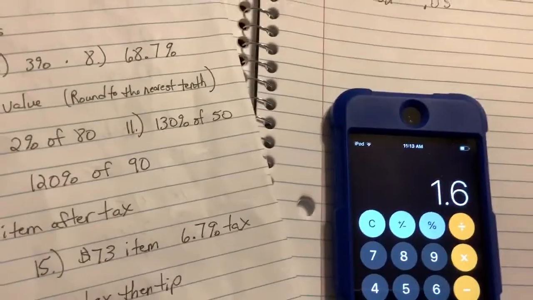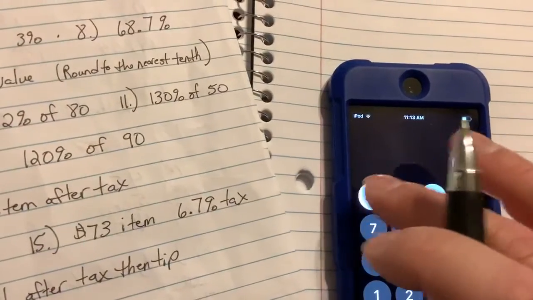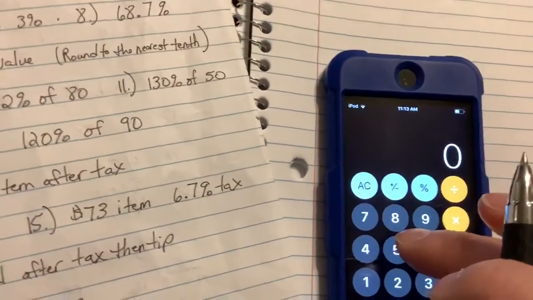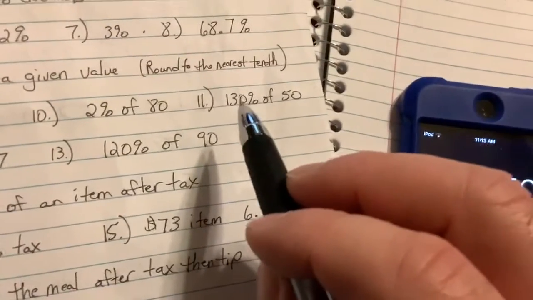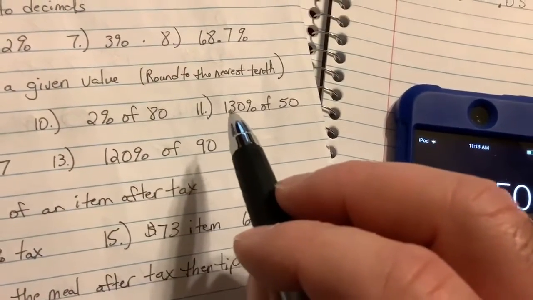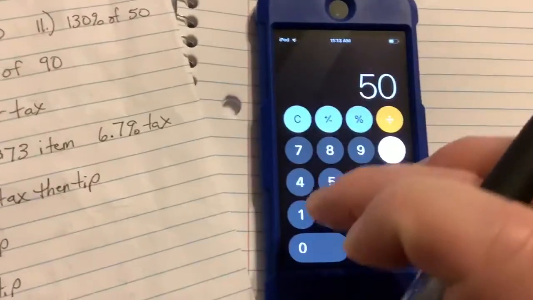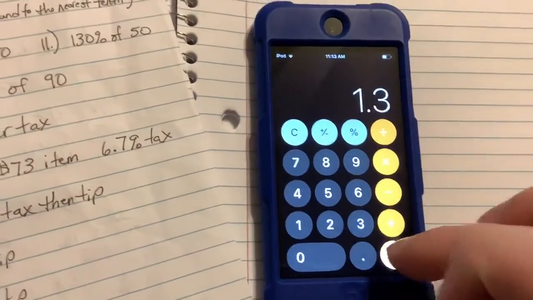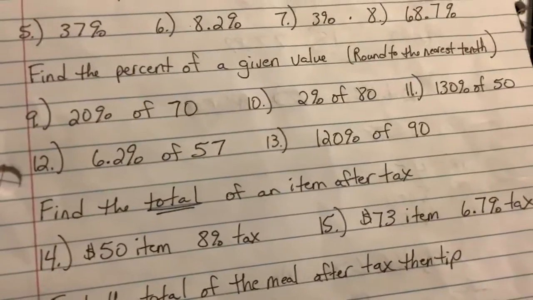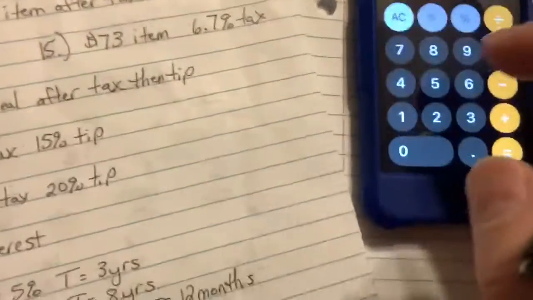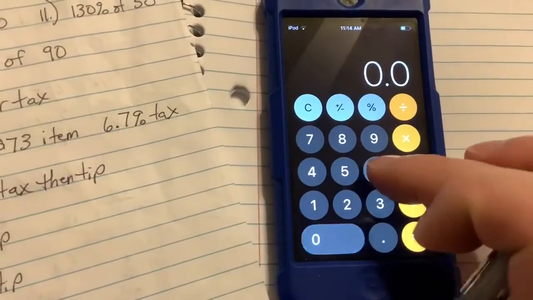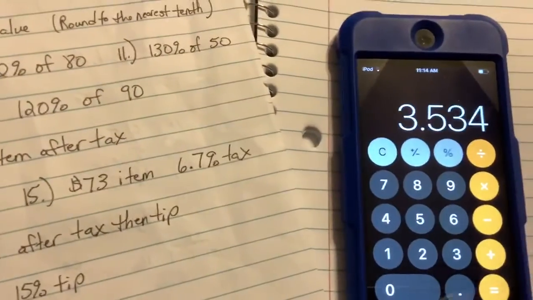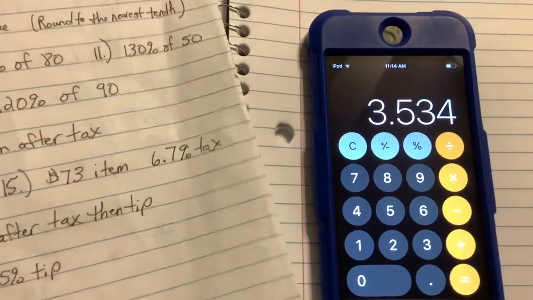130% of 50. There were a few that missed this one. Make sure you put 50, and when you multiply 130%, you move the decimal twice, so you're multiplying that times 1.3, and you get 65. Okay, 6.2% of 57. So 57 times 0.062, and you get 3.534.